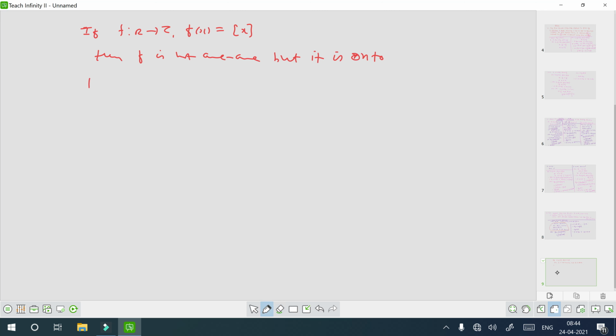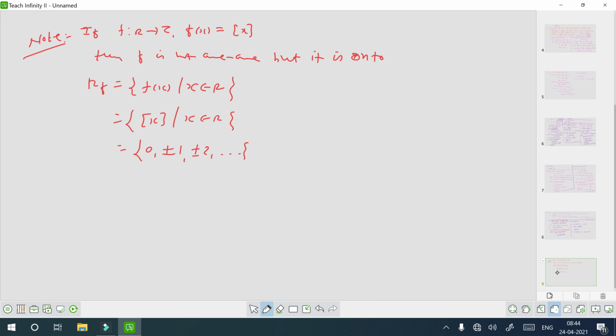But for range of f, range of f is equal to f of x, x belongs to R, the integer part function x, and that is nothing but 0, plus or minus 1, plus or minus 2 and so on, that is Z. So range of f is equal to Z, and therefore f from R to Z is an onto function.